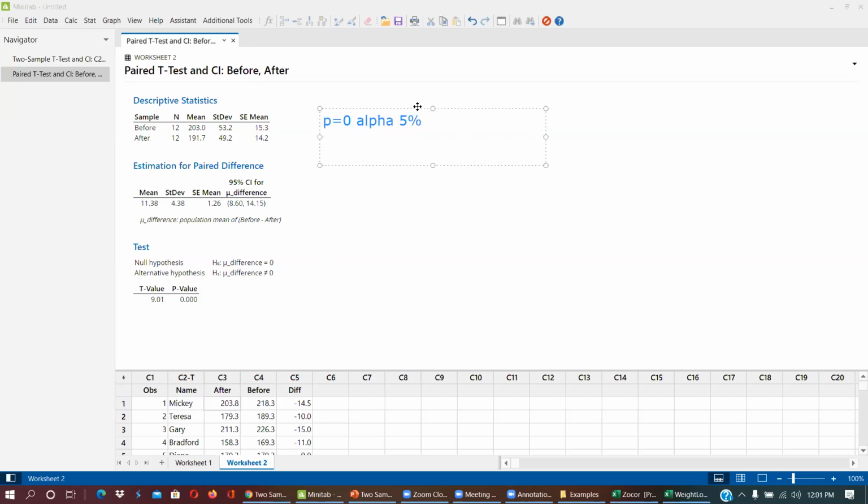So here 0 is less than 5%. That means what can you say? H0 is rejected at the 5% level of significance.